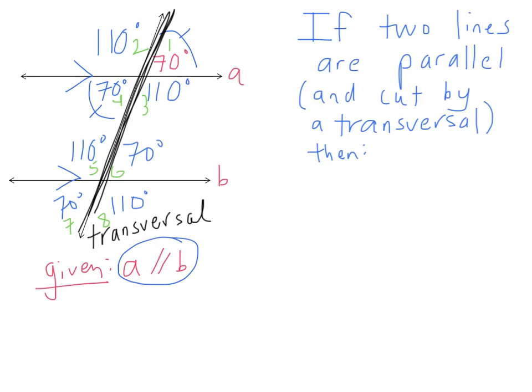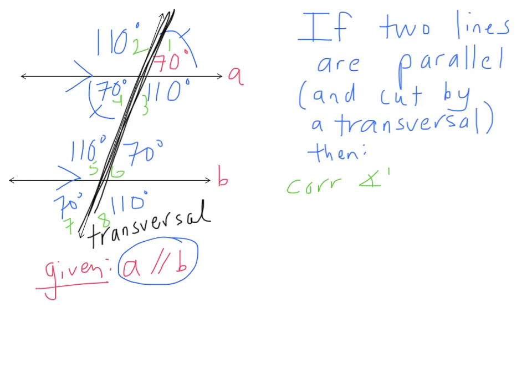But if you look, I notice something interesting. I notice angle 1 and angle 6 are the same. So then what you're going to want to do, and this is what you would pause and redo on your own, repetition is key, you would say to yourself, well, what sort of angles are angle 1 and angle 6? Well, you would pause it, and you should notice that they are corresponding angles.